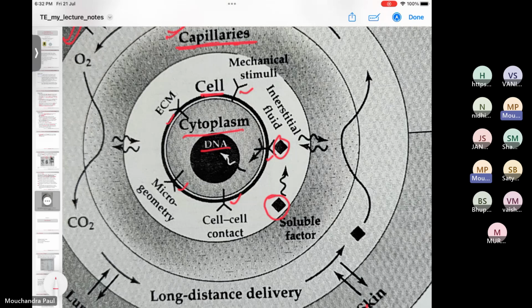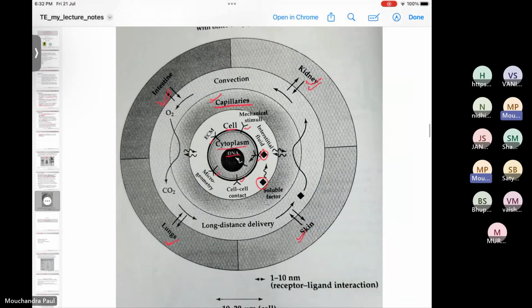So this kind of change occurs when these soluble factors come in from a very distant part of our body. So now you are able to understand why construction or reconstruction of the cellular microenvironment is so difficult at lab scale. So this sphere helps you understand that.